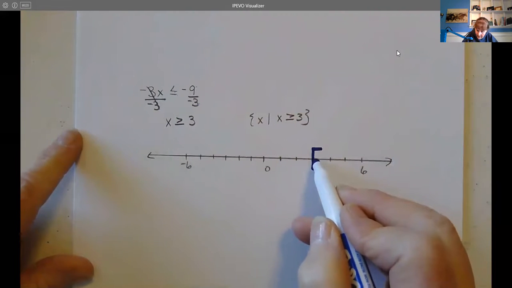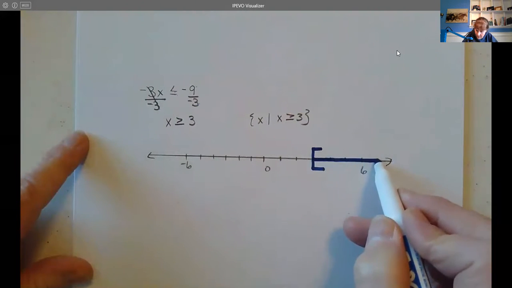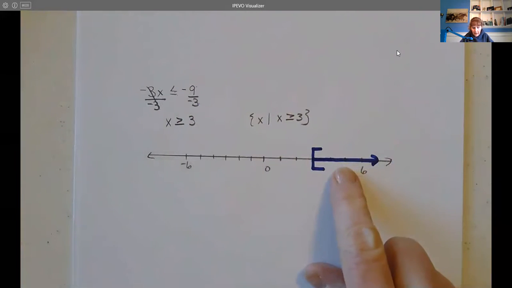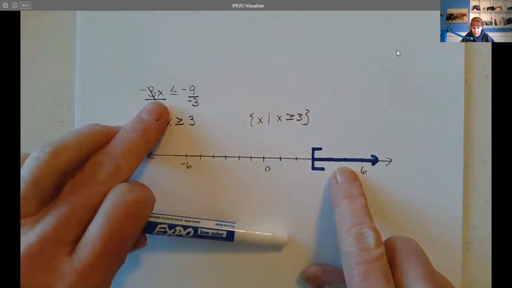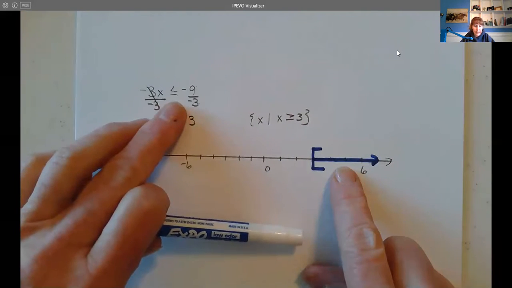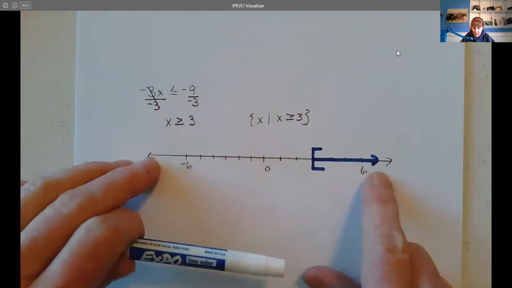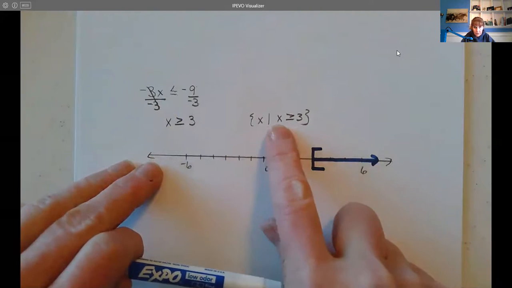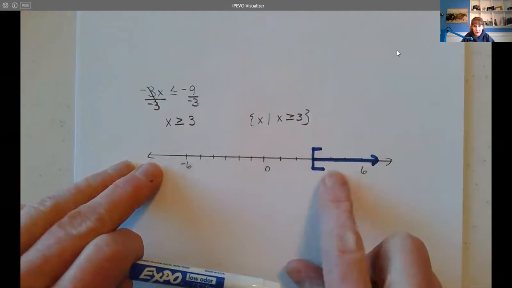And we'll have our arrow go along here as well. So our solution is found in this area here. You can put 5 in here: -3 times 5 is -15, which is less than -9. So any number over here will work. Set notation solution, graphical solution.